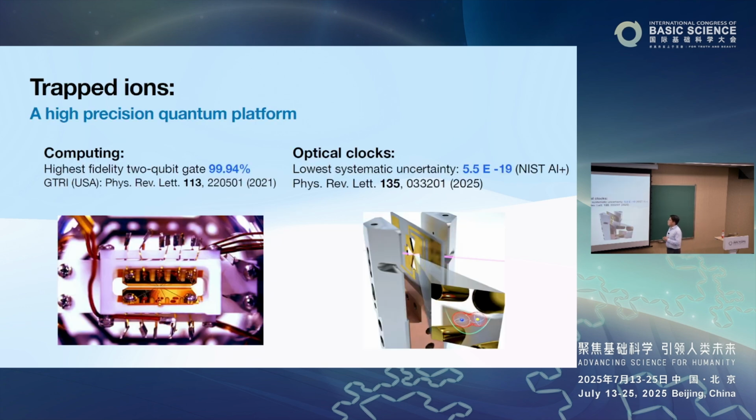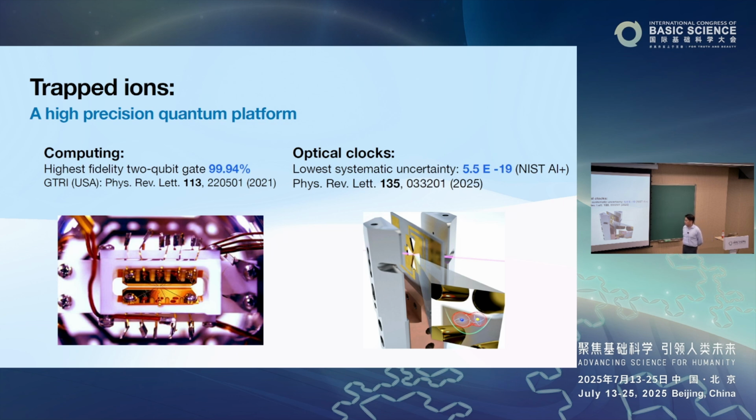In terms of trapped ions, this is really a high-precision quantum engineering platform. In the context of quantum computing, they have the highest 2-qubit gate fidelities, above 3 nines. In fact, this is the highest laser gate fidelity. With microwaves, you can get even higher. With optical clocks, one can get the lowest systematic uncertainty, meaning they're the most accurate optical clocks.